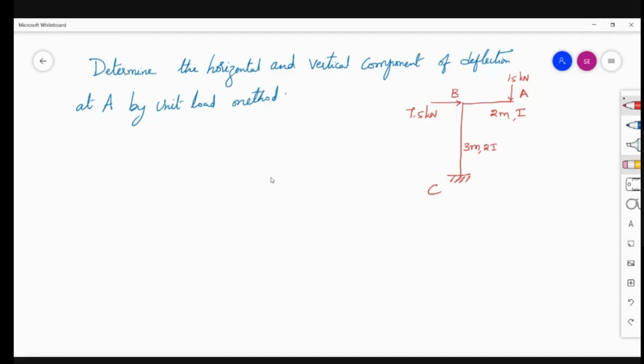This is regarding the calculation of deflection at any point using unit load method. You can consider this is something like a portal frame, a rigid frame, where AB is the beam, BC is the column.